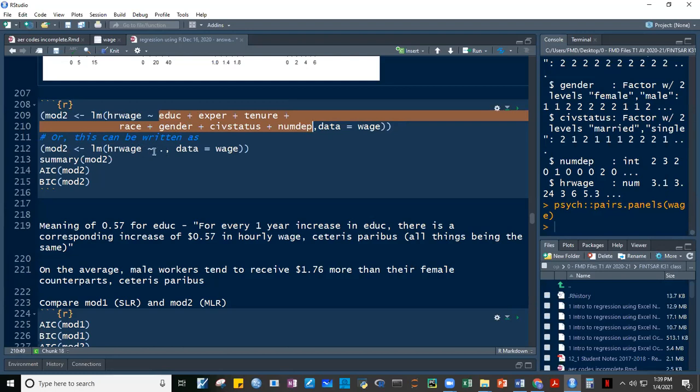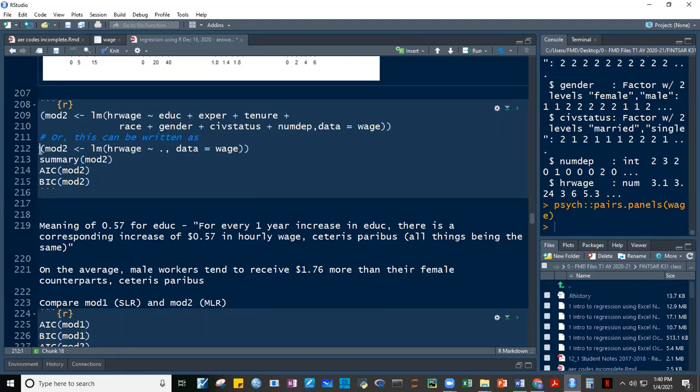Okay, we use tilde and then dot. Pag dot, guys, ibig sabihin lahat yon. Okay, so para sa akin, kung hindi naman gaano karami yung explanatory variables, okay lang na i-spell out para kitang-kita. Otherwise, guys, kung masyadong marami, then it might make sense to just put here dot. Ibig sabihin naman yan, anyway, lahat, no?